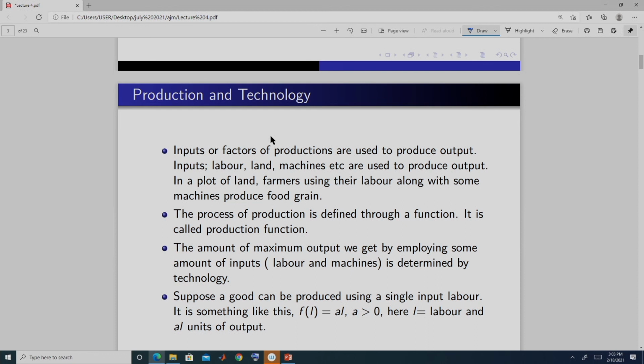This whole process has some inputs, these are factors of production. In this example inputs are land, labor, and machines like the tractor or the harvester or bullock, and the output is the food grain or the crops. Or alternatively, suppose you are producing an automobile.